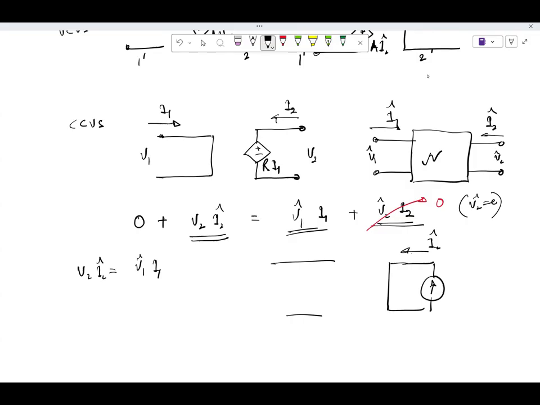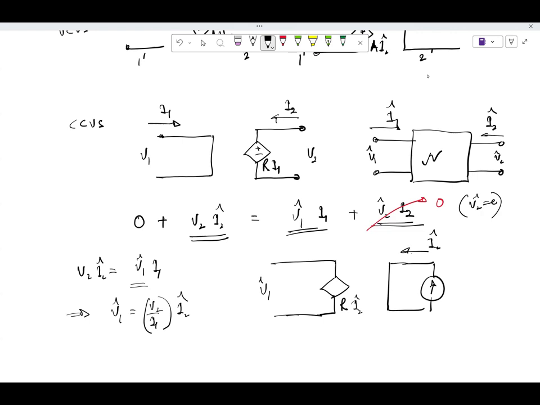What do I need? I need the V1 hat, right? So essentially V1 hat becomes V2 over I1 times I2 hat. So this is again a current controlled voltage source, where I have something here whose value is V2 over I1 times I2 hat. Or V2 over I1 is what? R. So this will be R times I2 hat, and this is V1 hat, right?